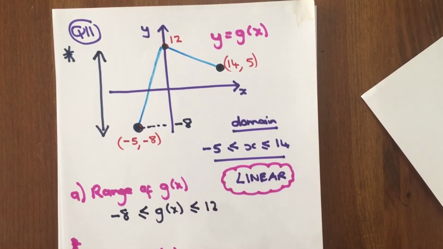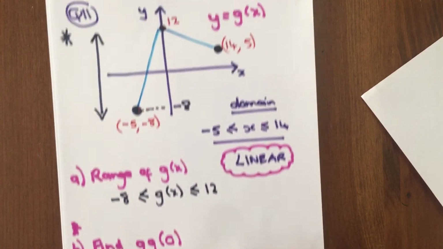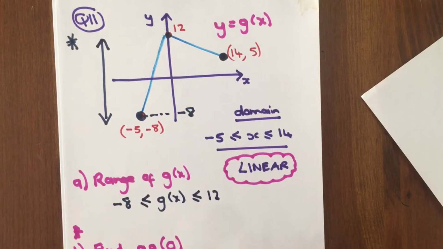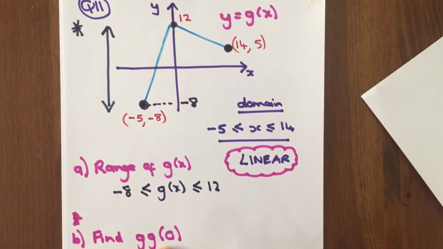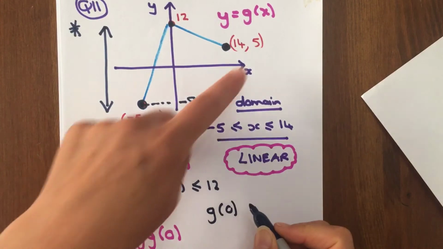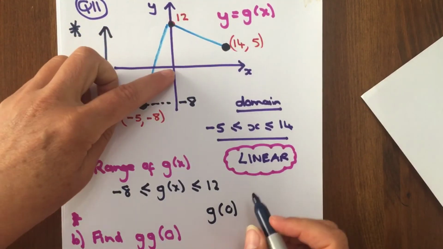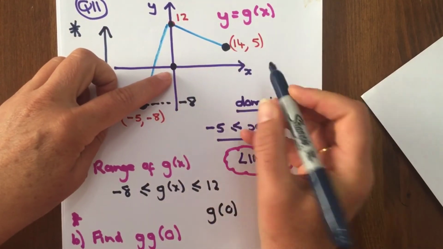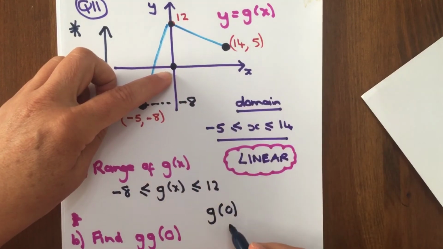Right. And next, this is the tricky bit. Finding g of 0. So the first thing I want to find is g of 0. Now this is my function g. So I'm putting x equals 0 into g.